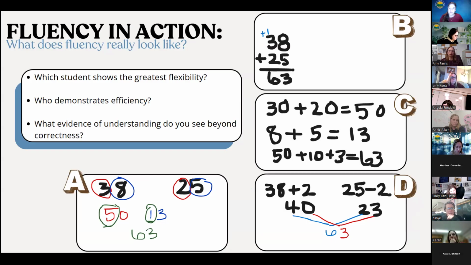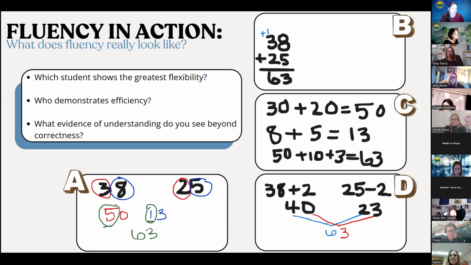So is A, B, C, or D, in your opinion, showing the most flexibility? There's not really a single right answer, so there's definitely a wrong one, but no single right ones.